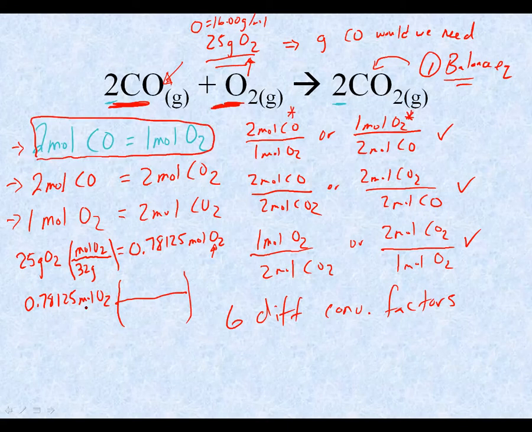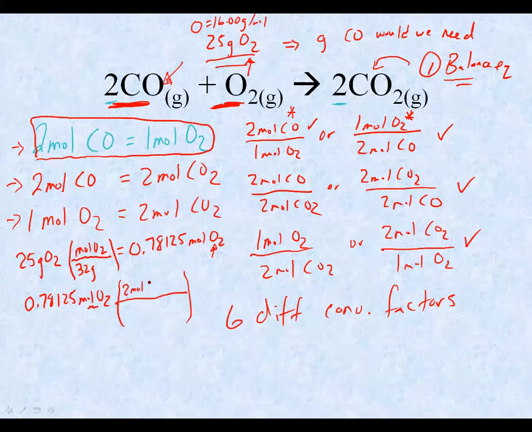We would want to use it like a conversion. Really we have moles of O2 on top, so we would use the conversion factor here on the left to get rid of the O2. We're going to get 2 moles of CO on top and 1 mole of O2 on the bottom. That is the big stoichiometry step.